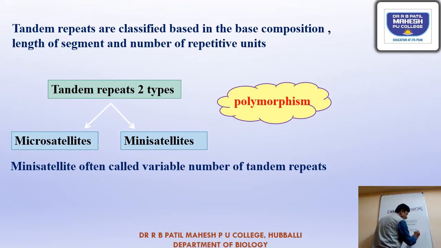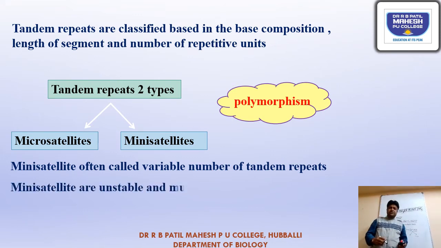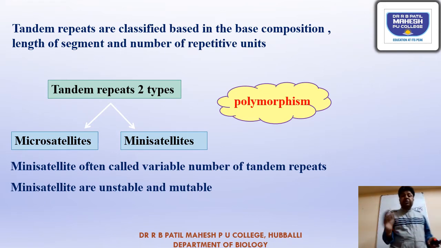And this satellite DNA is further classified into two types. One is microsatellites, another one is mini satellites, and these mini satellites are commonly called variable number tandem repeats. Next, the mini satellites are unstable and mutable.